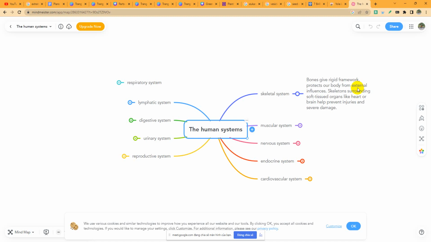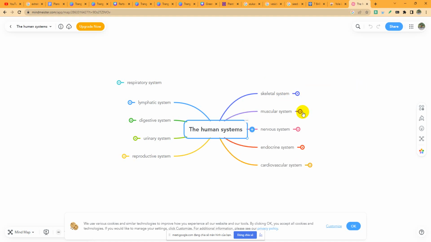For example, if we get injured from an accident or stuff like that, the skeleton acts as a protection from those external influences and protects our soft-tissued organs such as the heart and the brain, to prevent further injuries and bruises or even severe damage. So that's the skeletal system. I think you guys are pretty much familiar with this concept, so I'm not going too much in depth about this. And then we have the muscular system.